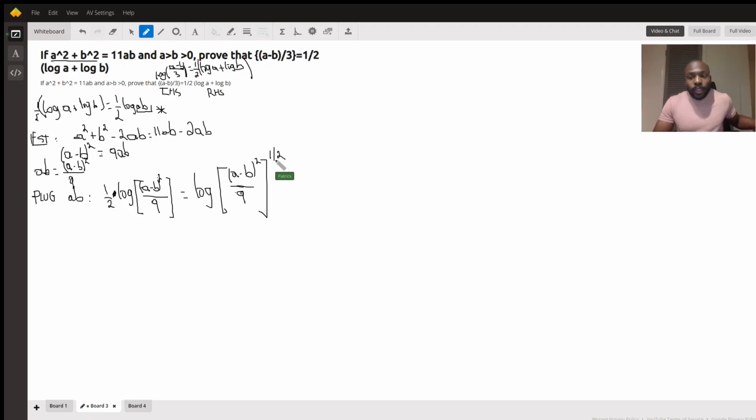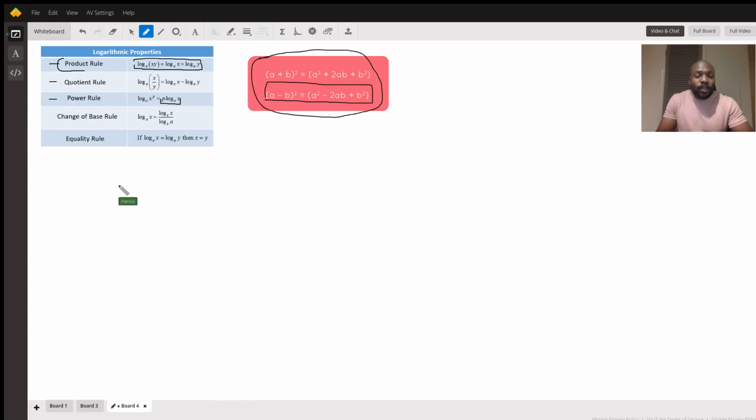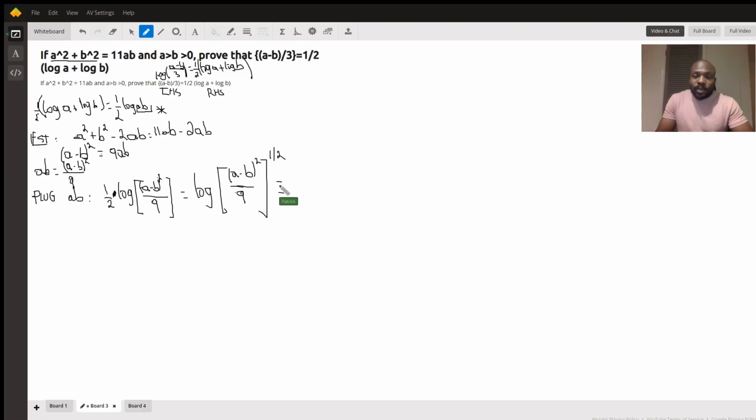Okay, one second. And then from there, we can use the quotient rule. Because what do we have? We have the log of a quotient. And what does it say about a quotient? The log of a quotient is the log of the numerator minus the log of the denominator. So keep in mind, because you have a 1/2 here, the exponent is distributed to the top and to the bottom.